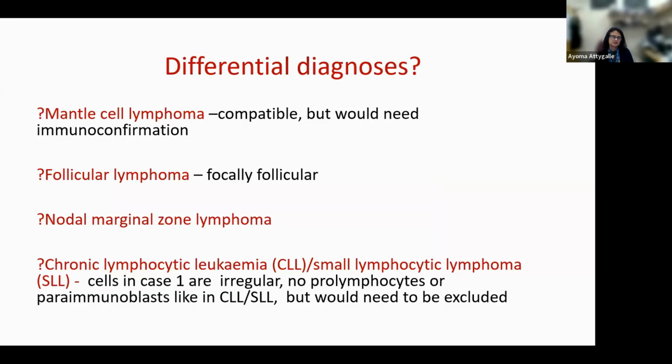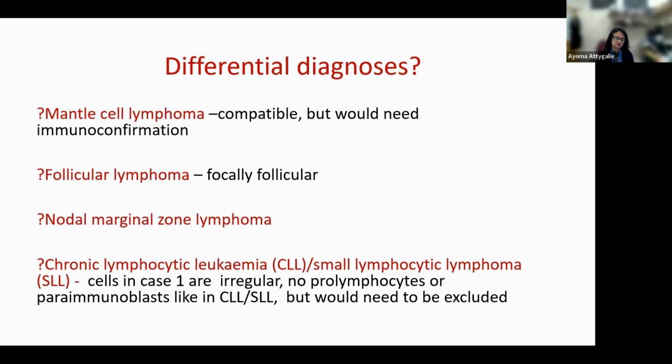So what is the differential diagnosis so far? I give you all these possibilities because immunophenotypically, you should really include all possible markers to exclude these. Although if you have excellent morphology you might have some clue as to what the diagnosis is, it is always important to exclude other differentials for small B-cell lymphomas.